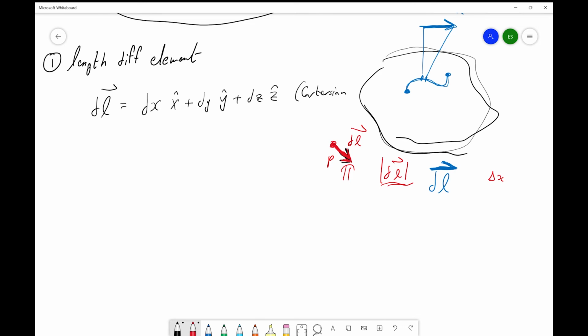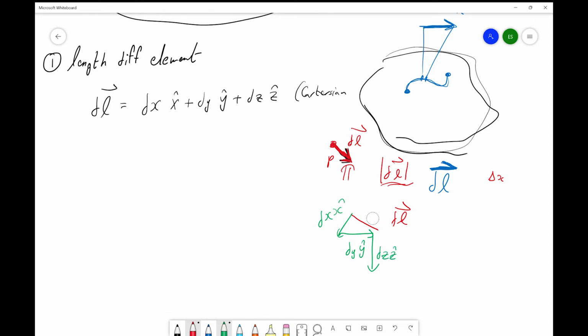Let me draw it in a clearer way here. So this dl here, I'm expanding it, although it's small, is the sum of three displacements. It's the sum of a displacement in the x direction, dx x hat, plus a displacement in the y direction, dy y hat, plus a displacement in the z direction, dz z hat.